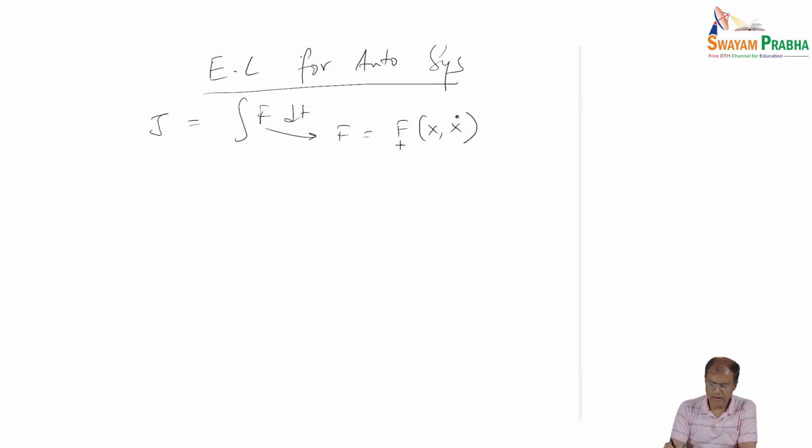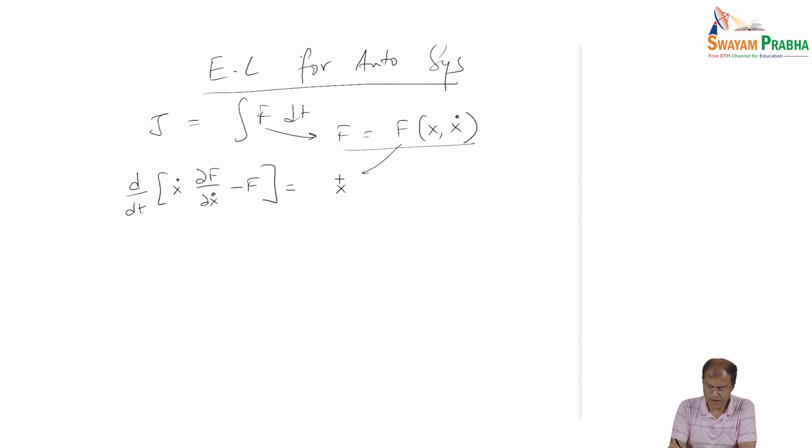If we were to write the Euler-Lagrange equation for a function of this form, where t is explicitly missing, then we have d dt of x dot partial f partial x dot minus f.